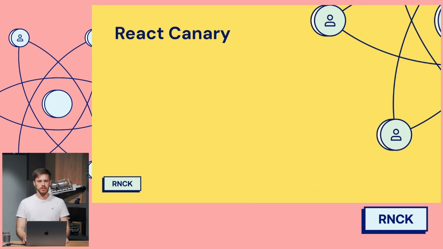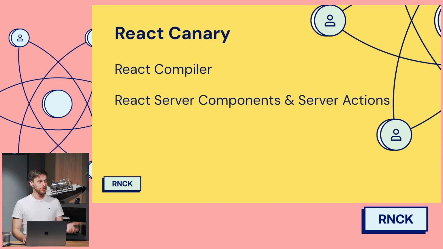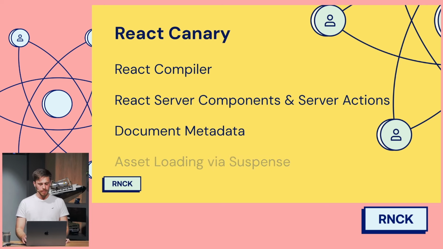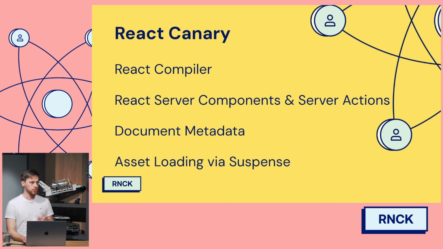Other stuff coming in the next version of React: React Compiler, but also React Server Components and Server Actions, which Szymon will hopefully tell you about today. Also document metadata, which is something that currently React Helmet does for you, so support for meta tags on your websites. And asset loading via Suspense. This is something that Next.js and other frameworks like Expo will support for you. This is not something you add yourself to your app. This is supported by frameworks.